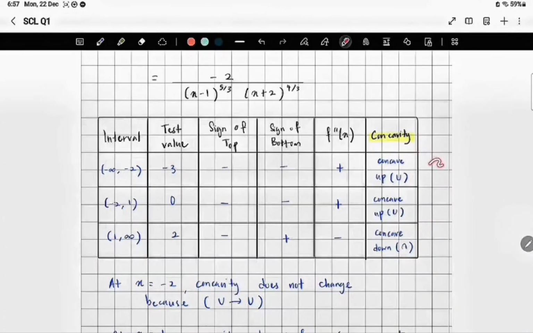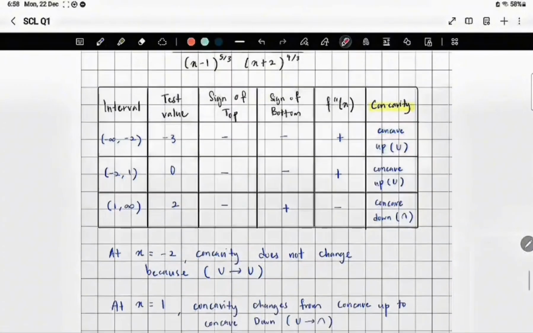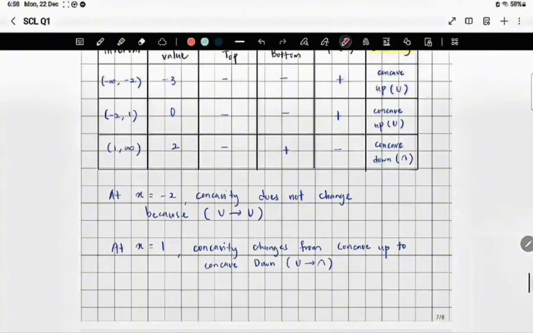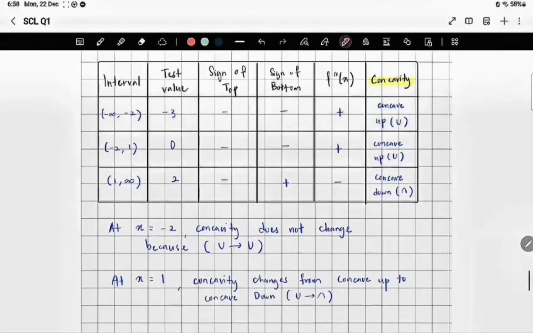Because the concavity changes from up to down, this becomes our inflection point. Here I've written that at x equals -2, the concavity does not change because it was concave up and stays concave up. But at x equals 1, the concavity changes from concave up to concave down.